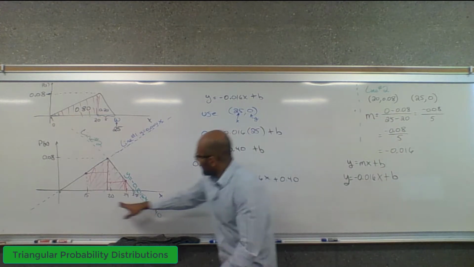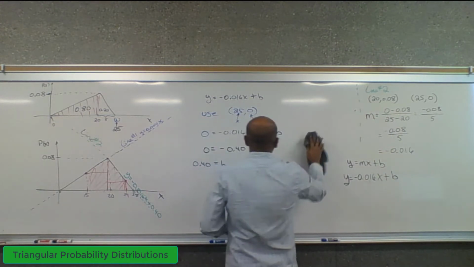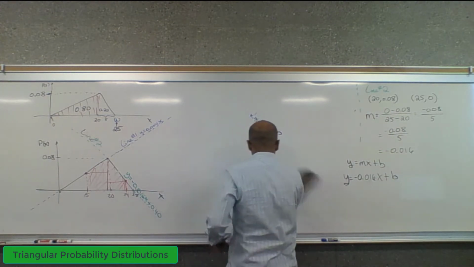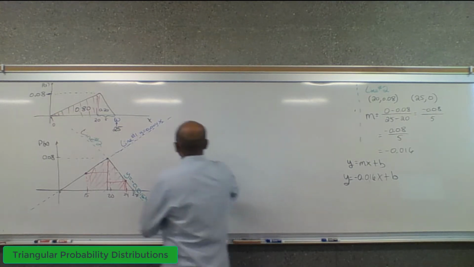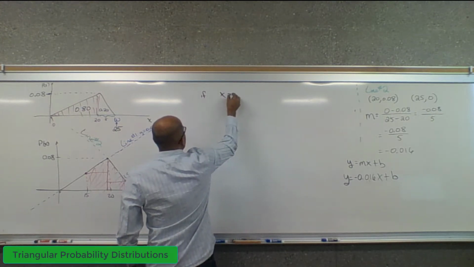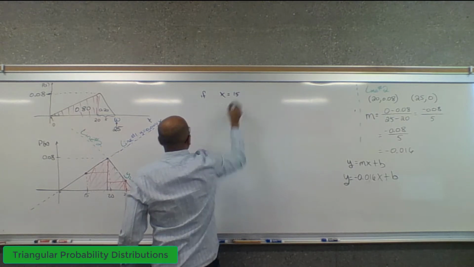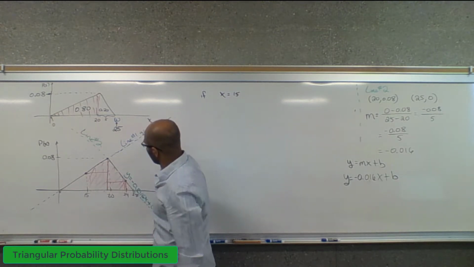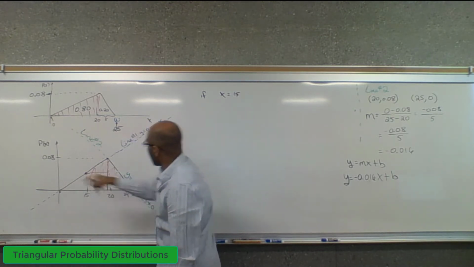Okay, so now let's evaluate them. Let's get to the point there. So, if x is equal to 15, then we use the blue line, because it's on that line right there. So it's that point right there.